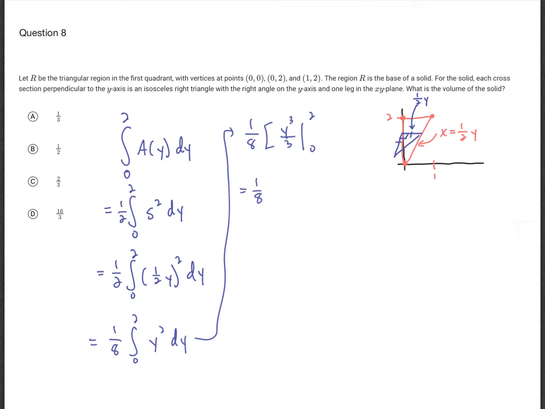Plug in 2, you get 8 over 3. Plug in 0, you get 0, so we don't need to worry about that. And then these 8s will cancel, and we're just left with 1/3.